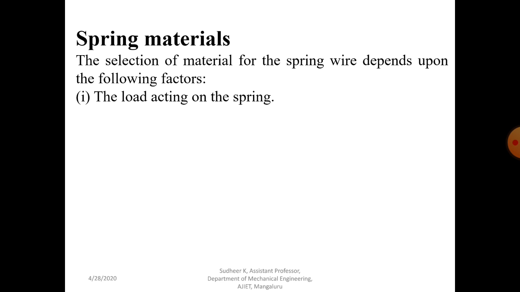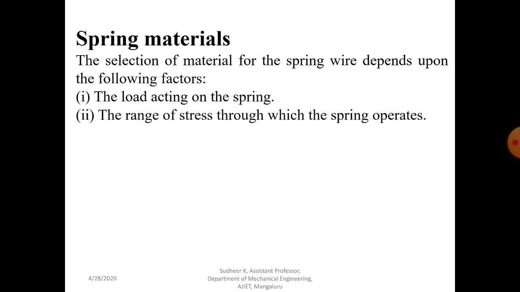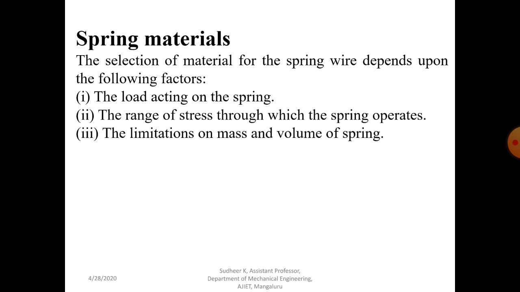The second one is the range of stress through which the spring operates. You should know what that range of stress is, then only you can select a suitable material. Third one, that is the limitation on mass and volume of the spring.